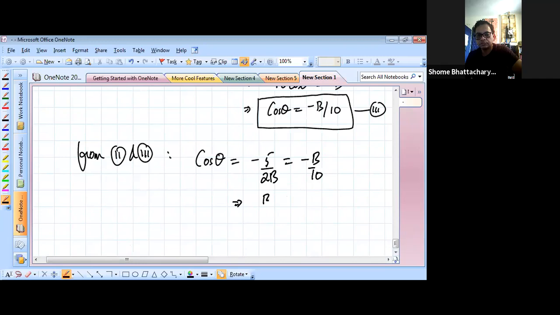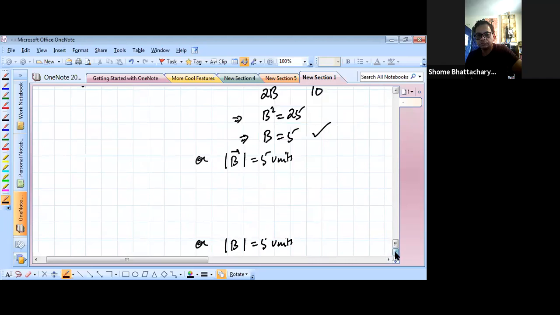So you can see you get B square as 25, which generally means that B is plus minus 5, but here B will just be 5 because B is the magnitude of a vector. Okay, that's done.